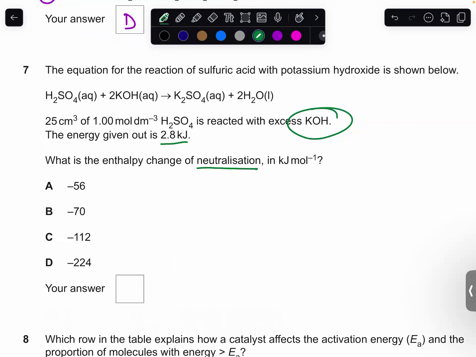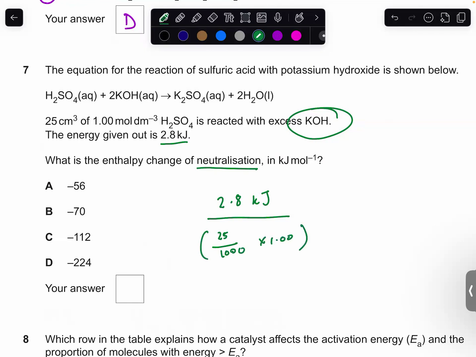So it's going to be 0.25 times 2.8 kilojoules, and we divide that by the number of moles, which will be 25 over 1000 times 1.00.